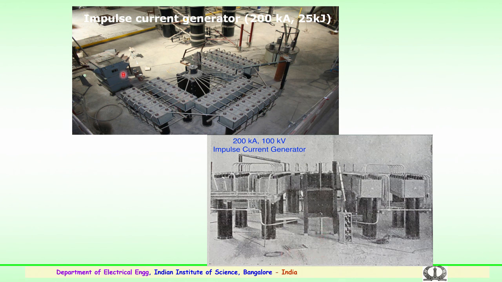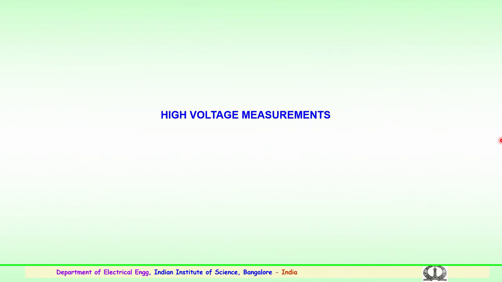This is again an impulse current generator from a different view available in the laboratory, with a rating of 200 kiloamps and 25 kilojoules. It is very important for testing lightning currents for surge arresters and lightning arresters, calibration of Rogowski coils, and many more works.